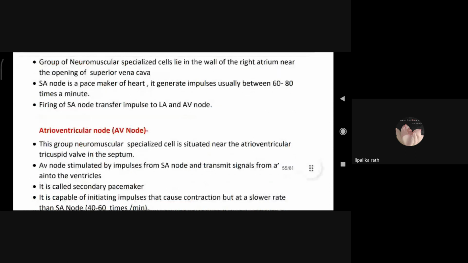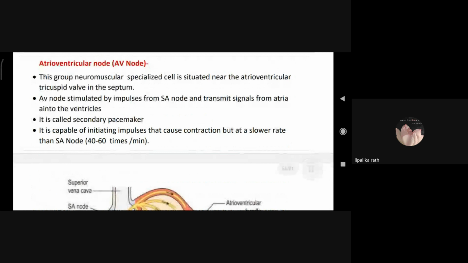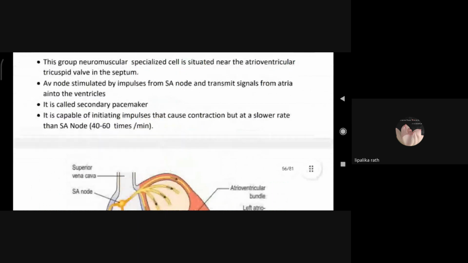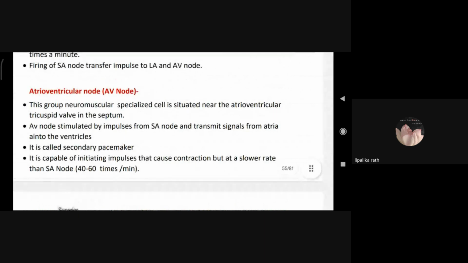Next is the AV node, the atrioventricular node. This is a group of neuromuscular specialized cells situated near the atrioventricular tricuspid valve in the septum. You can see in this picture the SA node and AV node. They are the main two nodes, with the SA node mainly generating impulses. The AV node is stimulated by the impulse from the SA node and transmits signals from the atria to the ventricles.